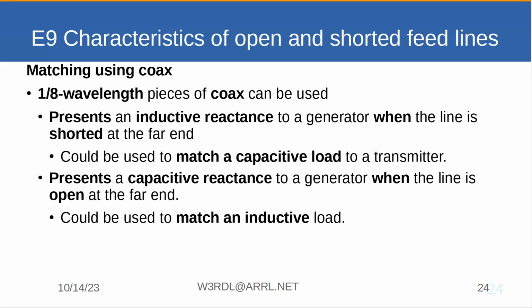How is this different from the parallel stuff? I don't know, other than the fact that it's eighth wavelength. That's right. But for a stub, you do the wavelength depending on what you want to match.